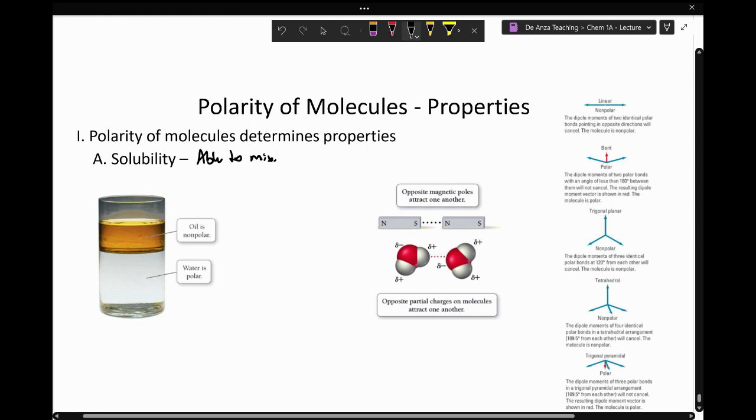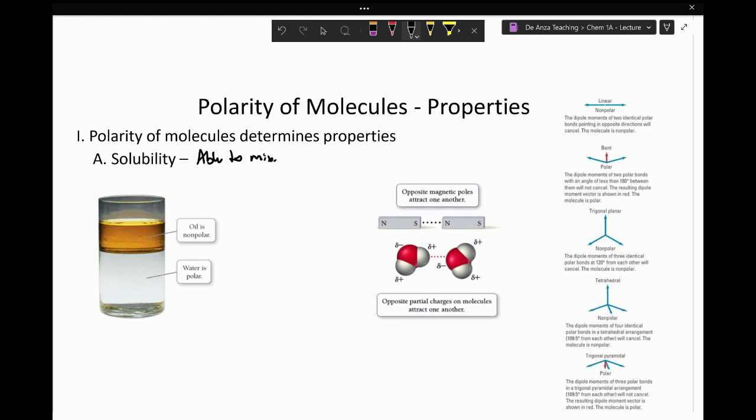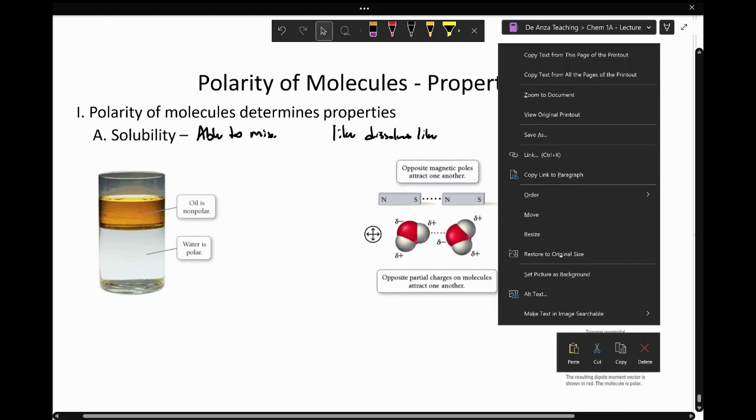Because we know that something like water is very polar. You might have heard in the past, when we talk about solubility, like dissolves like. So things that are polar are really good at dissolving things that are polar, and things that are nonpolar are good at dissolving things that are nonpolar.